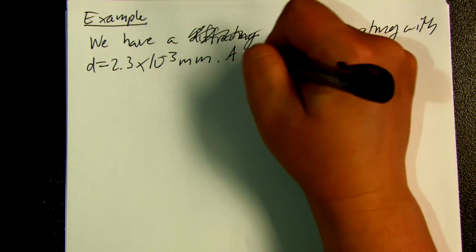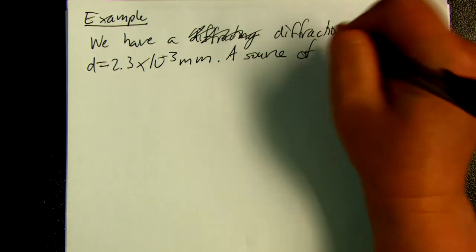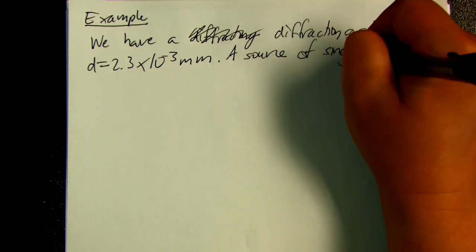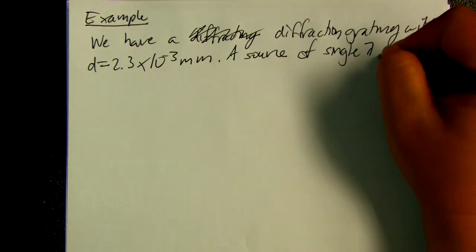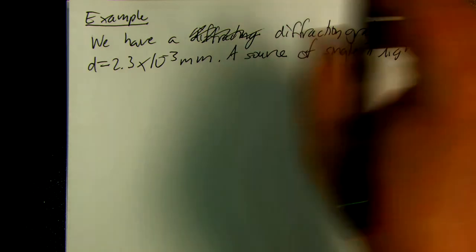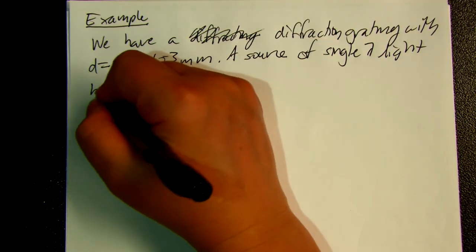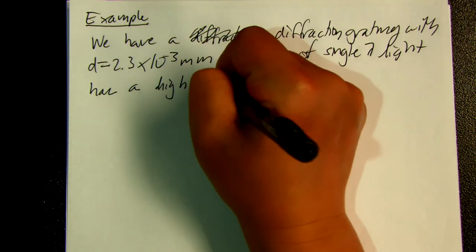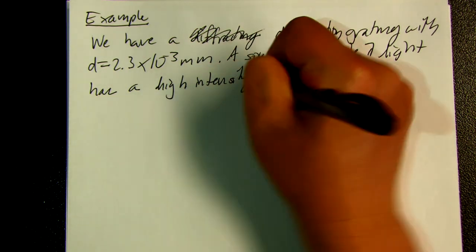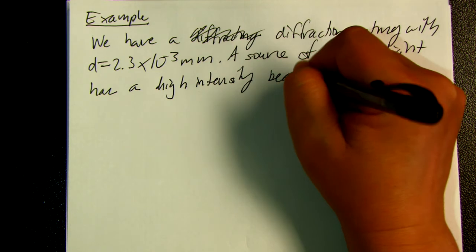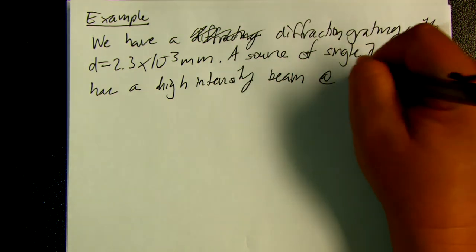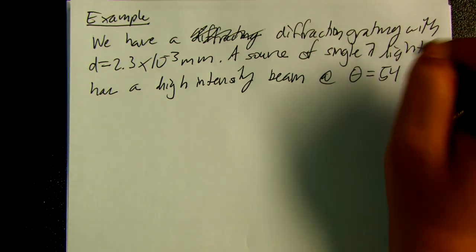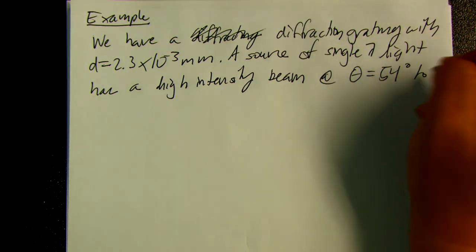A source of single wavelength light has a high intensity beam at theta equal to 54 degrees to the normal.